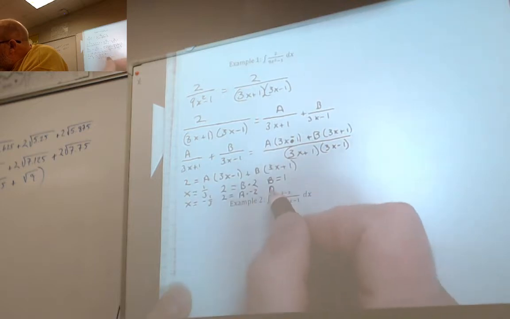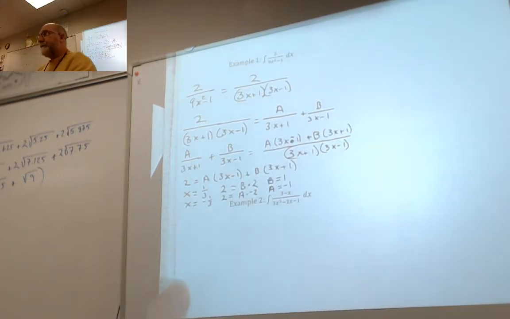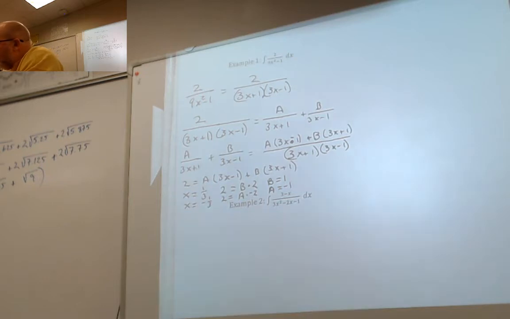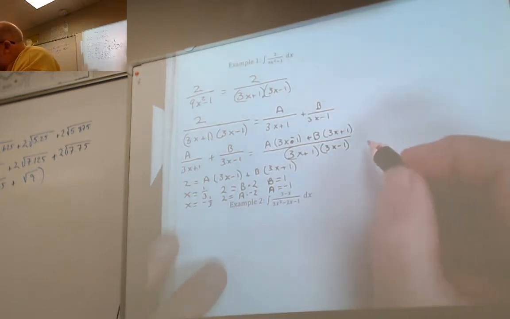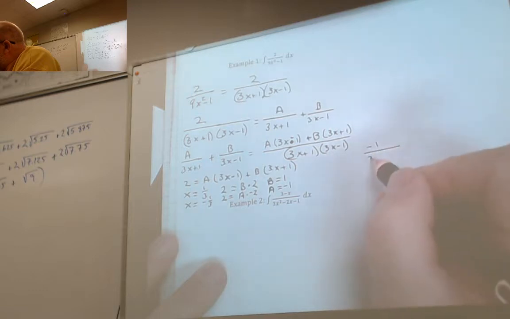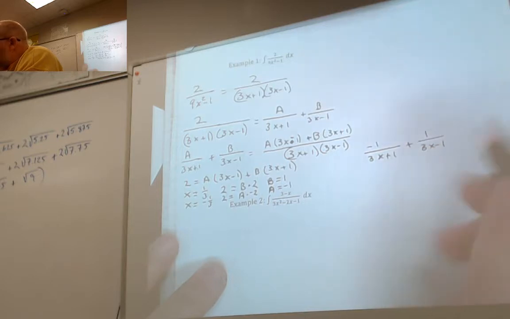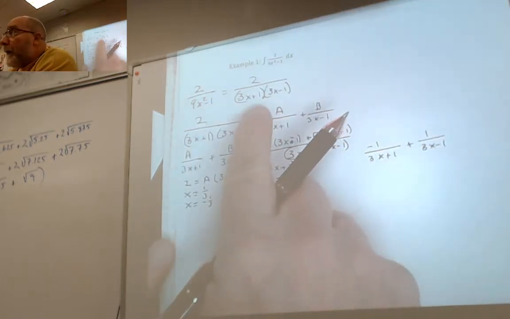That means a equals a negative 1. So what I am saying is that a negative 1 over 3x plus 1 plus 1 over 3x minus 1 should give me this as my answer.